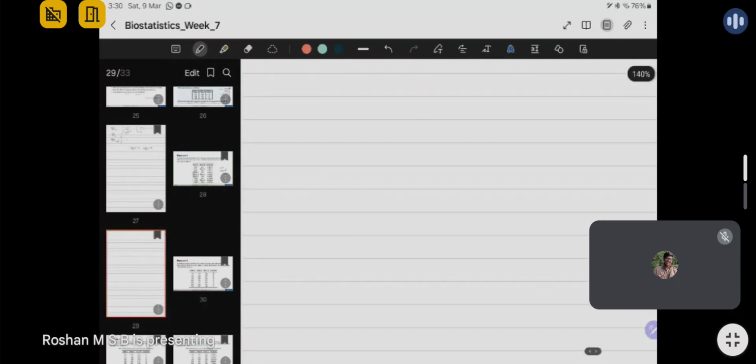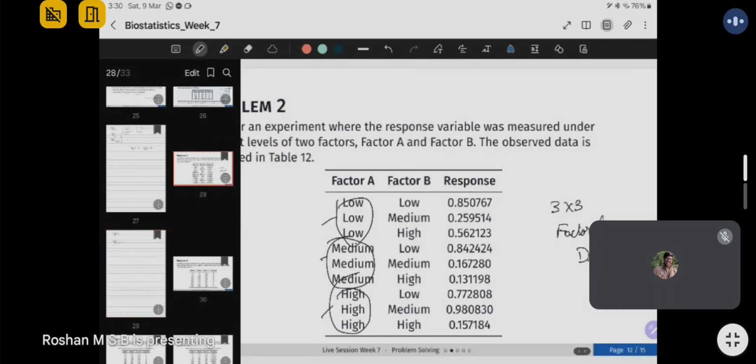You calculate the effect for A and B. Maybe I'll show how it's done for interaction. Okay, sir. Please show that.